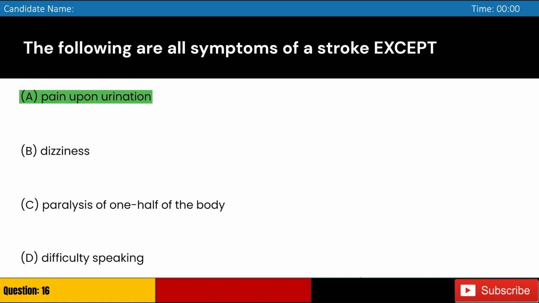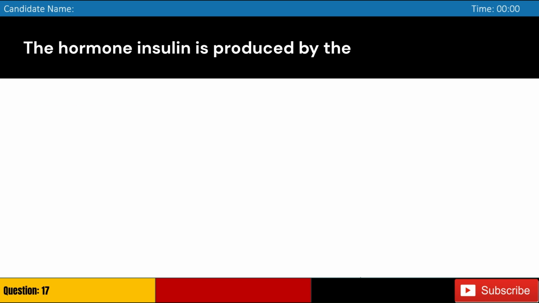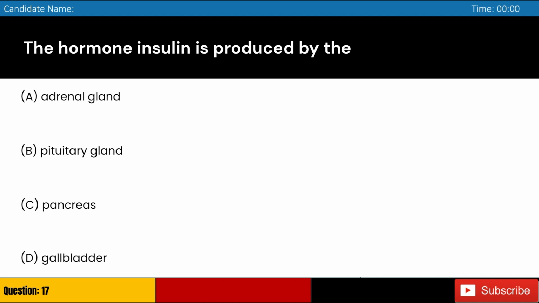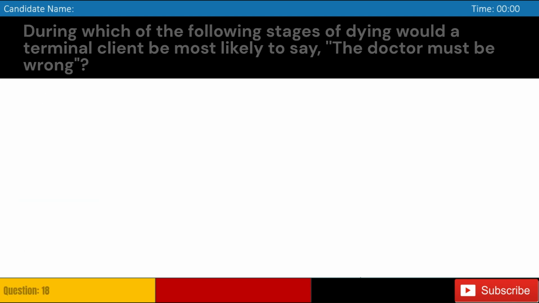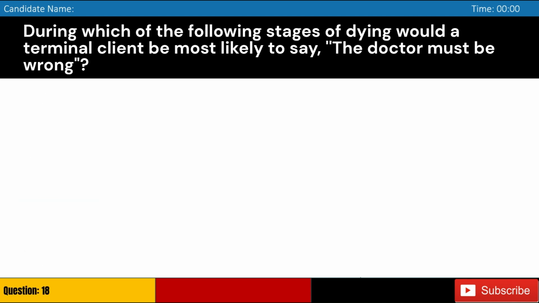Pain upon urination. The hormone insulin is produced by the A. Adrenal gland. B. Pituitary gland. C. Pancreas. D. Gallbladder. Answer C. Pancreas. During which of the following stages of dying would a terminal client be most likely to say, "The doctor must be wrong"?